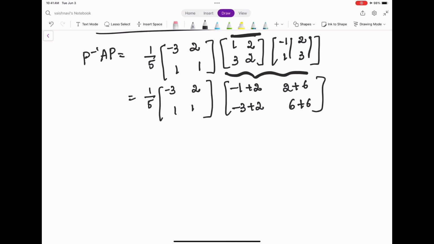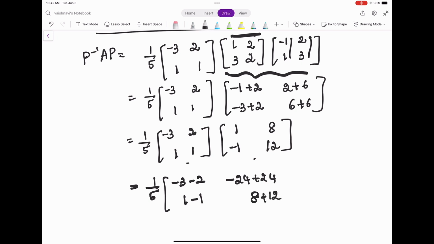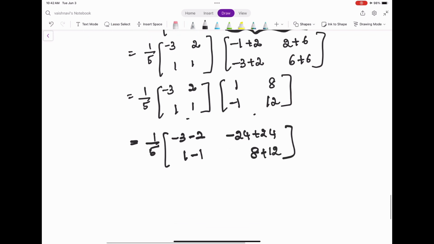So I will get 1 by 5 times the matrix minus 3, 2, 1, 1, multiplied by the result 1, 8, minus 1 and 12, right? Again we will do the multiplication of the first and the second matrix, similarly first row first column, first row second column. I have the solution ready with me, that's why I'm writing it very quickly. You can pause the video and check on your own.